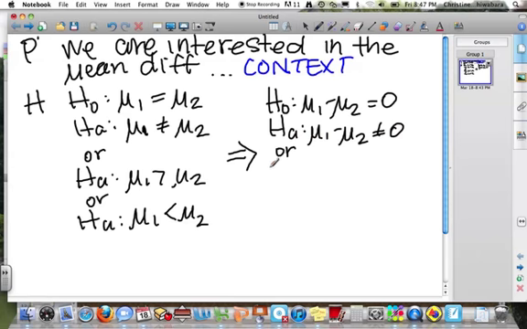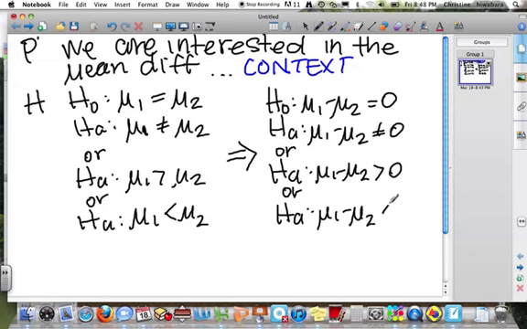Or you would have the alternative hypothesis that mu1 minus mu2 is greater than 0. Or you would have the alternative hypothesis that mu1 minus mu2 is less than 0.